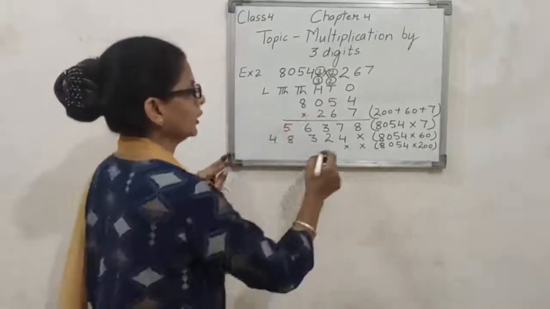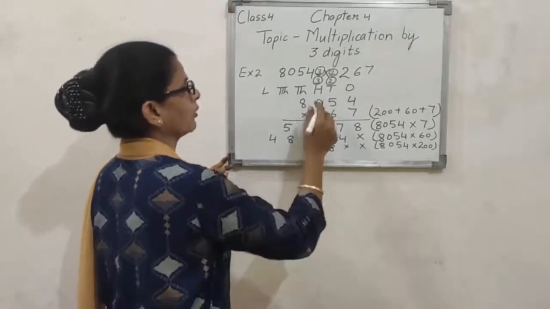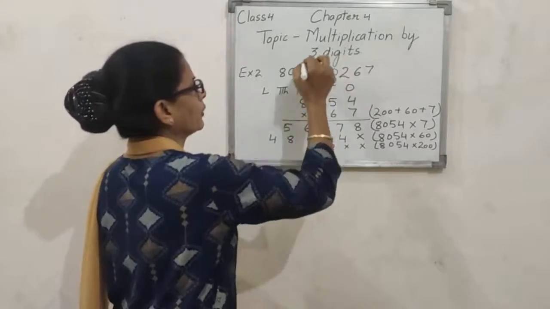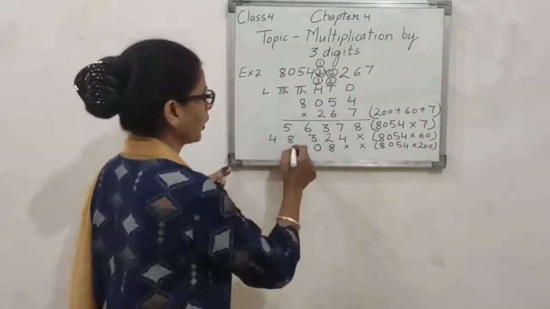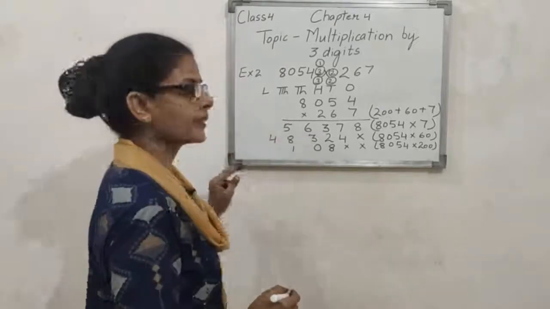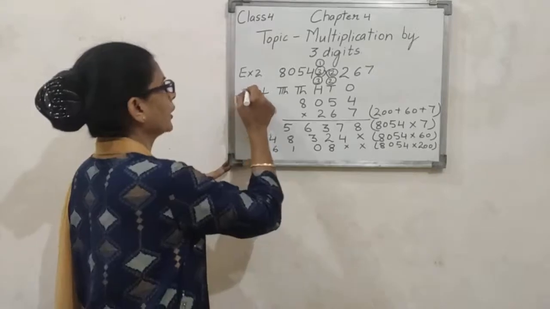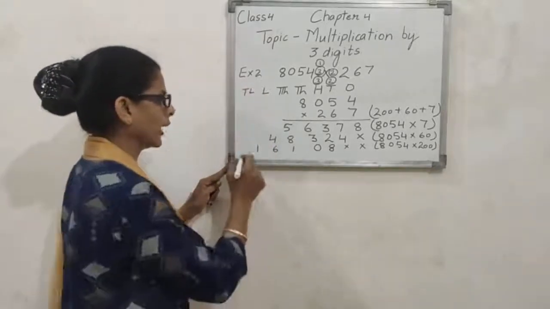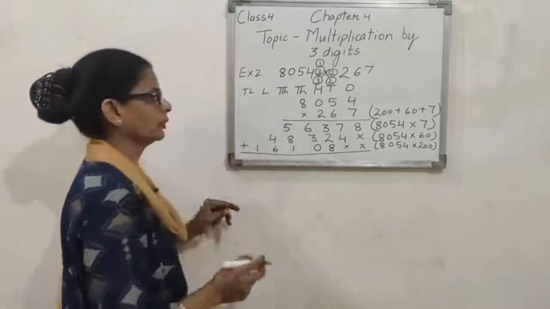Now 2 fours are 8. 2 fives are 10, 0 will be written and 1 will be carried on 100 place. 2 zeros are 0 and plus 1, 1 only. 2 eights are 16. 6 will be written on lakh place and 1 will be written on 10 lakh. Now we add them and we'll get the product.